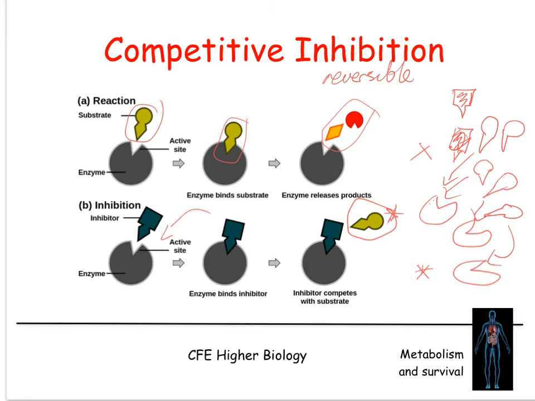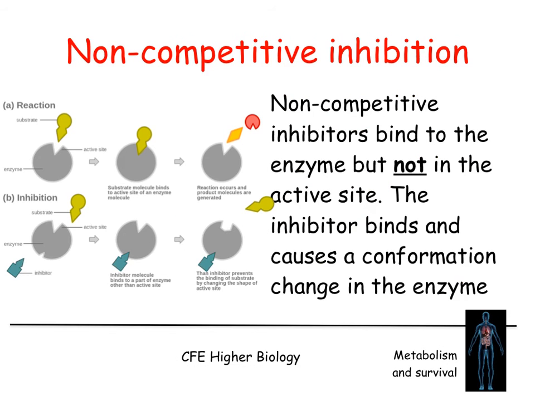We'll have a look at a graph at the end of this that shows this effect as well. So because we've got competitive inhibition, it makes sense to think that there's such a thing called non-competitive inhibition. A non-competitive inhibitor doesn't bind to the active site. It binds to some other place on the enzyme, and it causes a conformational change in the enzyme.